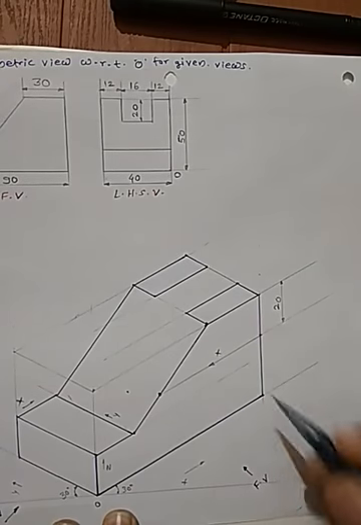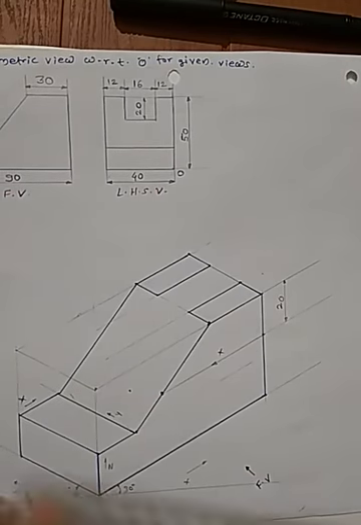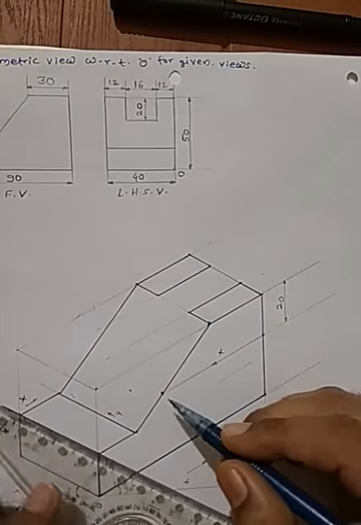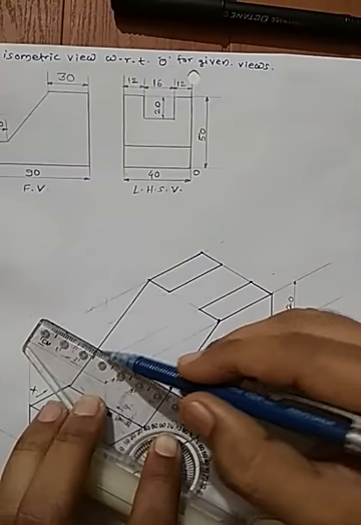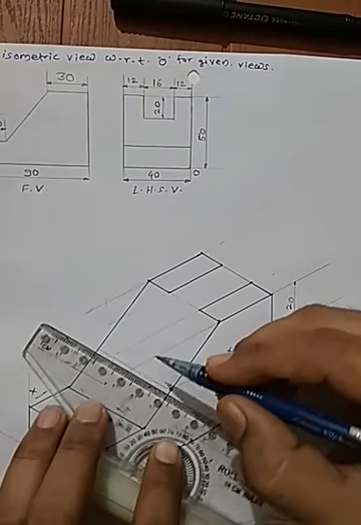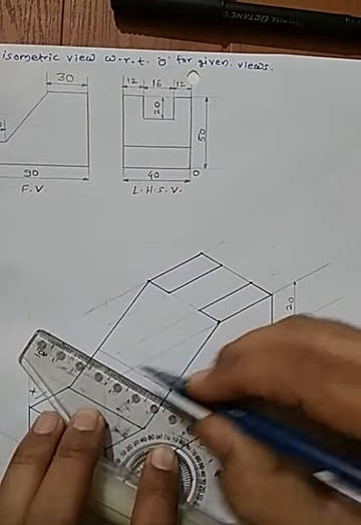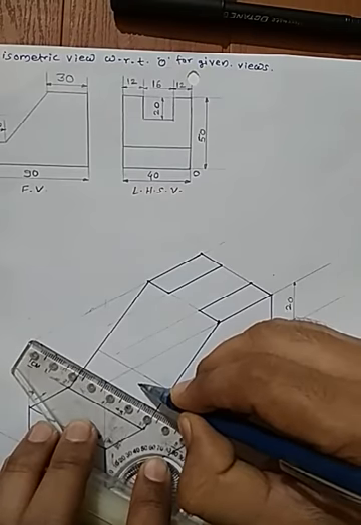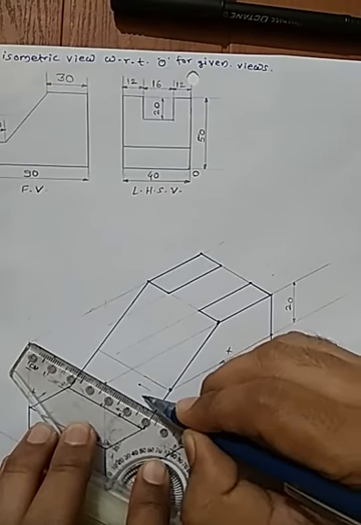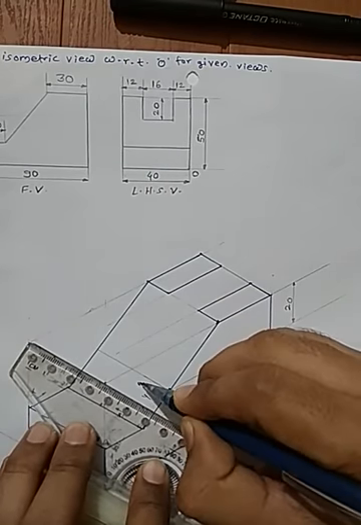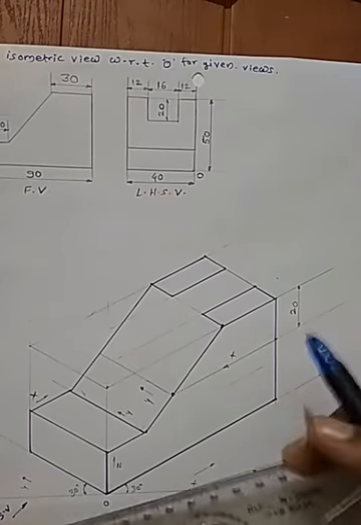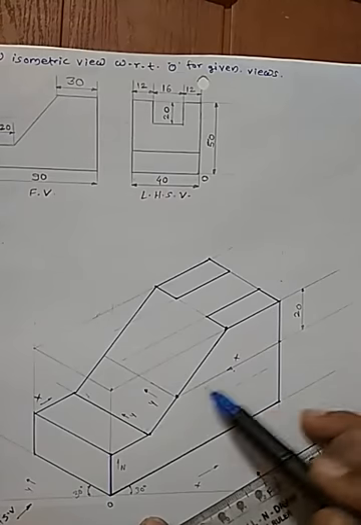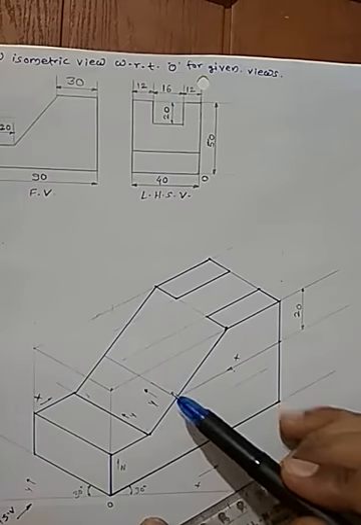Now from this point you need to draw a parallel line to y axis. Here it is, parallel to y axis. These arrows are showing you that these lines are parallel to the particular axis.